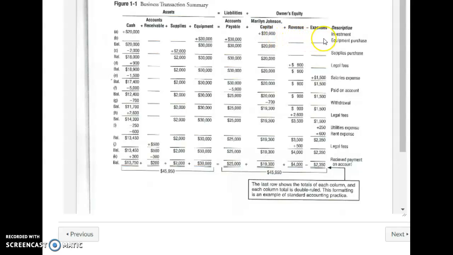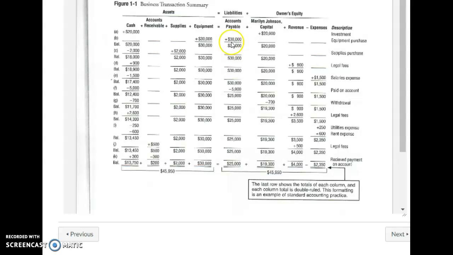The second transaction was an equipment purchase, and it doesn't say that it was for cash, so this is on account. You increased equipment, and you also increased the debt. You increased accounts payable because you have to pay for the equipment later.